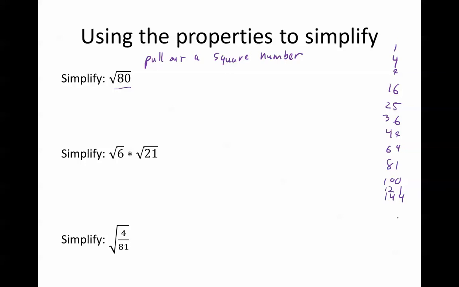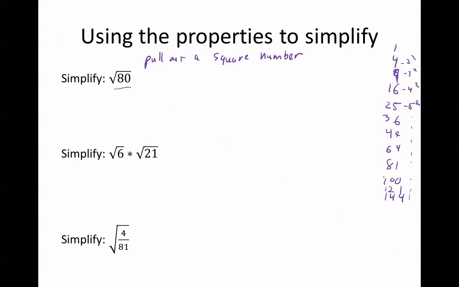By the way, I'm not just coming up with these randomly. This is 2 squared, 3 squared, 4 squared, 5 squared, etc. That's why these are square numbers, because they are being squared from something else. So with this root 80, we are going to find the largest square factor.